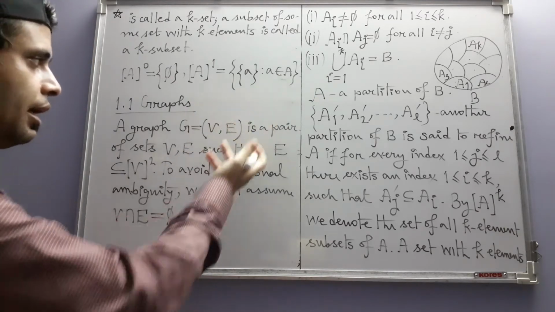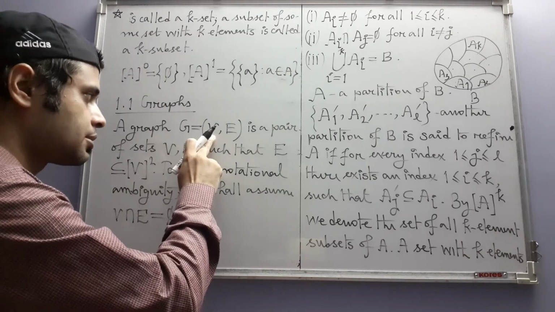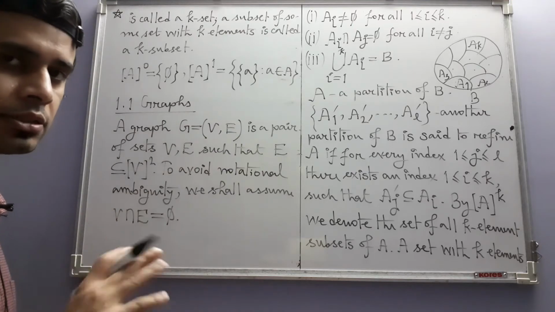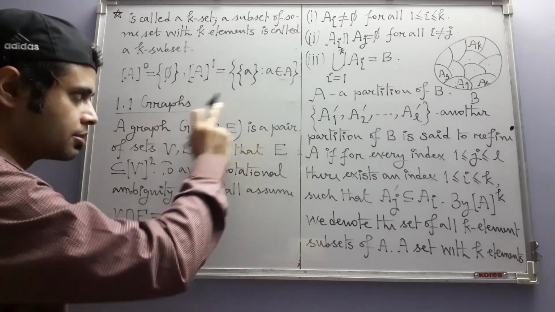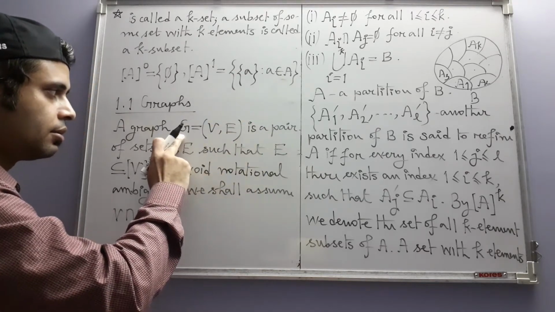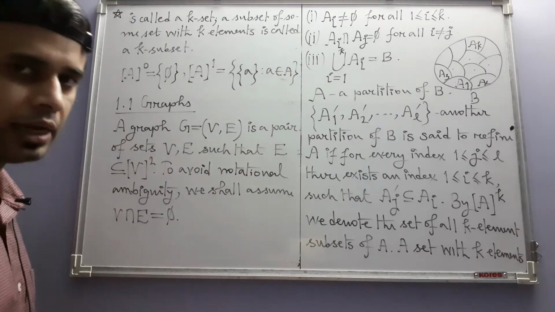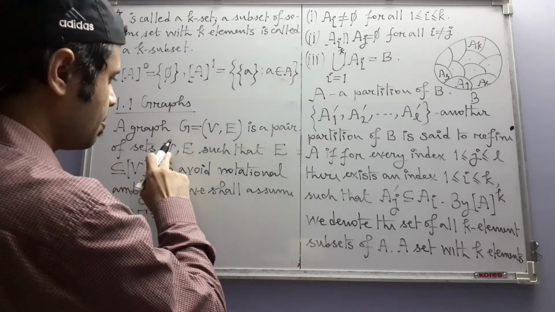You can write A and B also, there is no rule that you have to call the first set V and the second set E. Just like that, the entire ordered pair, it's not necessary that it has to be called G. You can call it H also. Okay, you get my point.